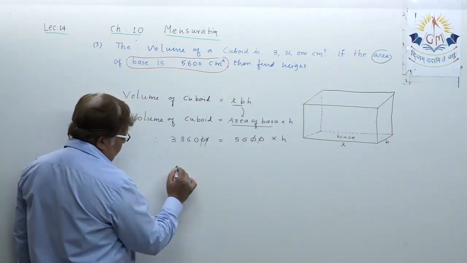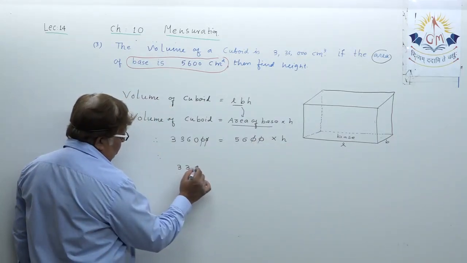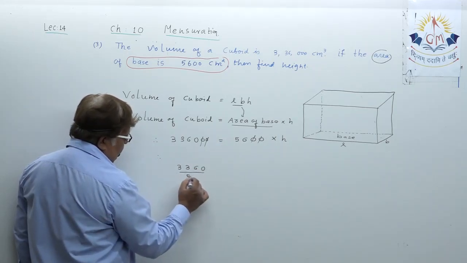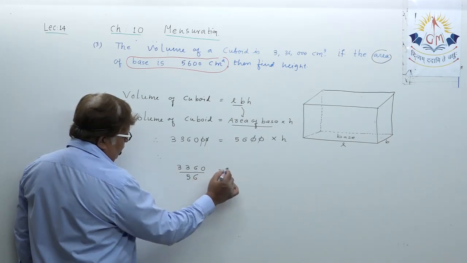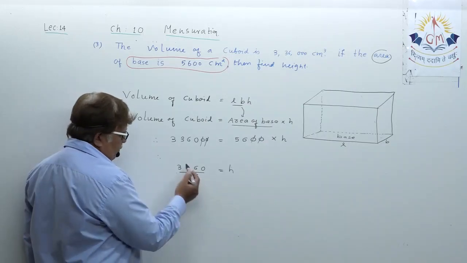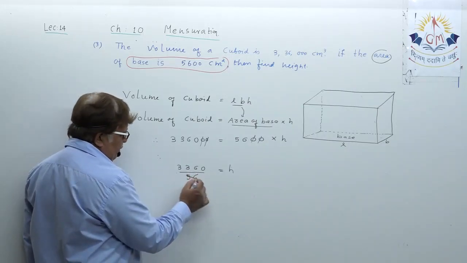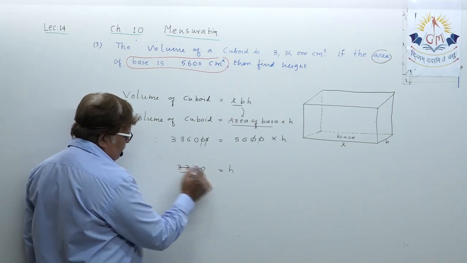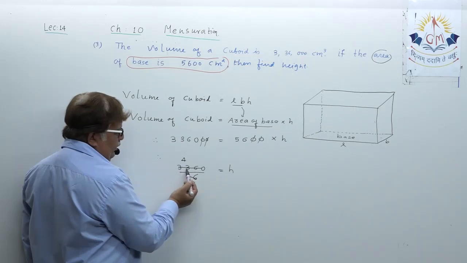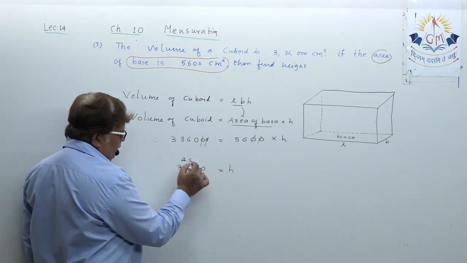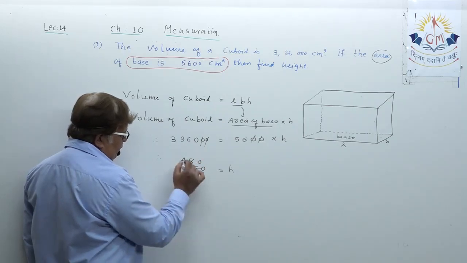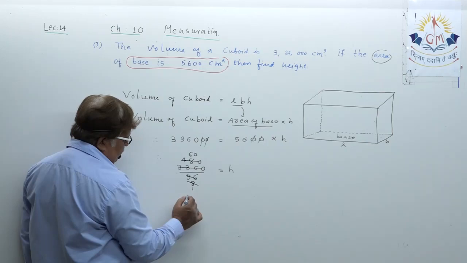Right here, 336056 equals H. Just cancel, both are cancelable by 7. 7 4s are 28, 5 left, 7 8s are 56, 0, and then 8 1s are 8, 60.